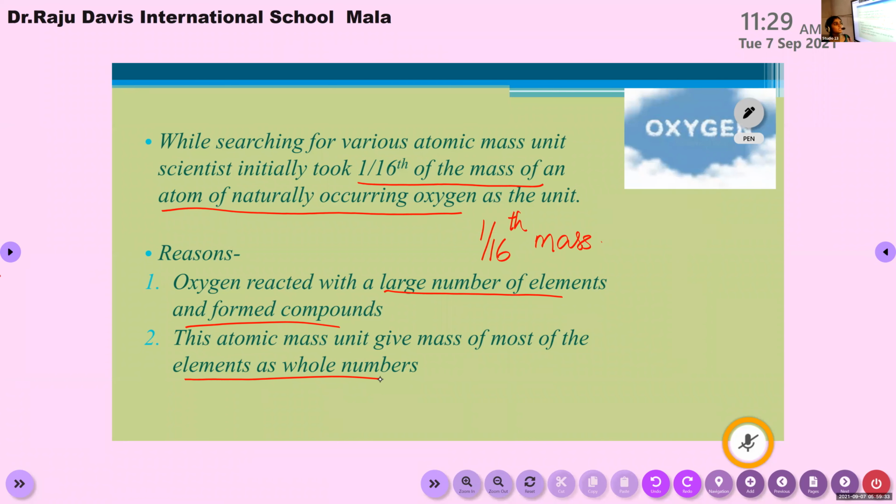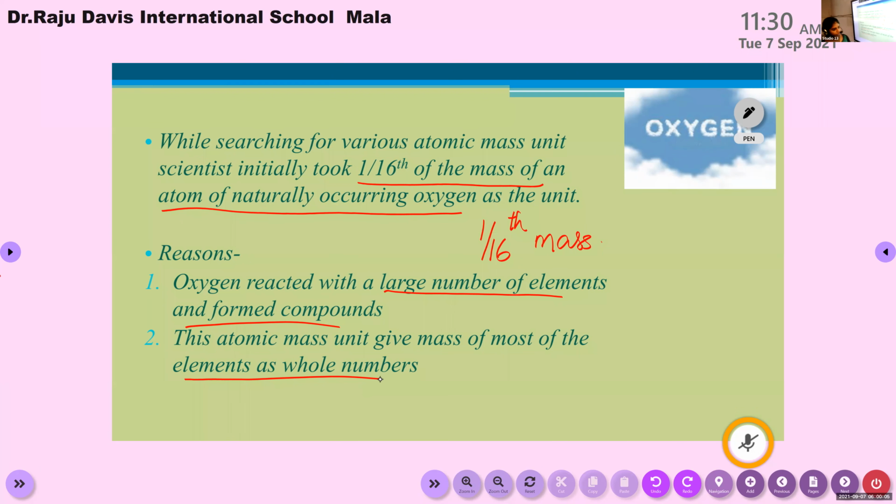The two reasons for selecting oxygen: the first reason is that oxygen reacted with a large number of elements to form compounds. The second reason is that when we select oxygen as the reference, all atomic masses of elements will be whole numbers. So due to these two reasons, they selected the oxygen atom.